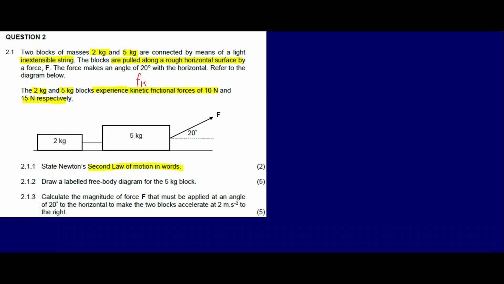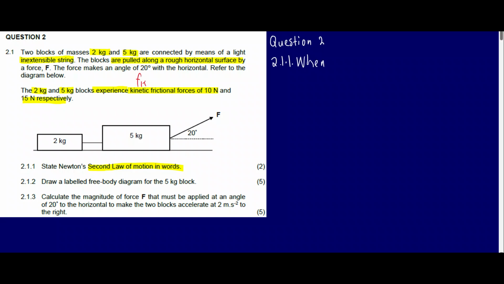motion in words, right? So question 2 here, they want us to state Newton's second law. So this is question 2. So 2.1.1, we have to state Newton's second law of motion in words. So we can state it.